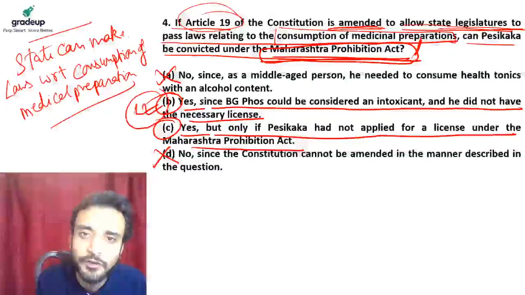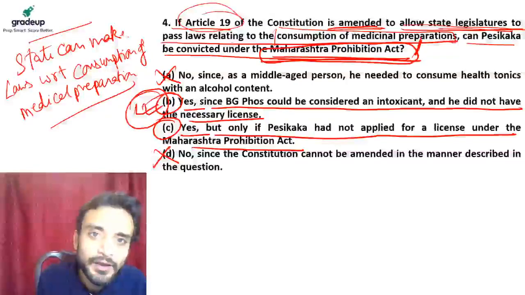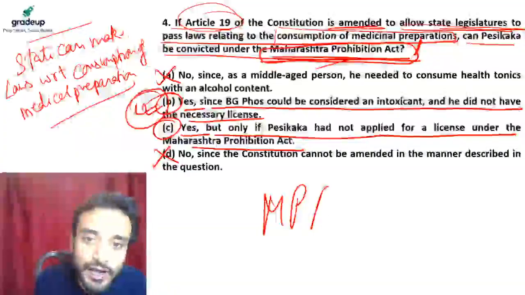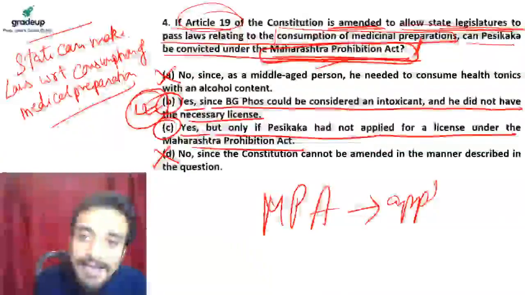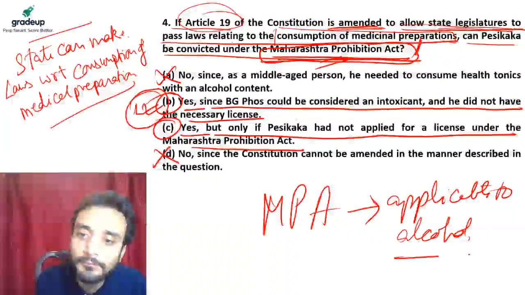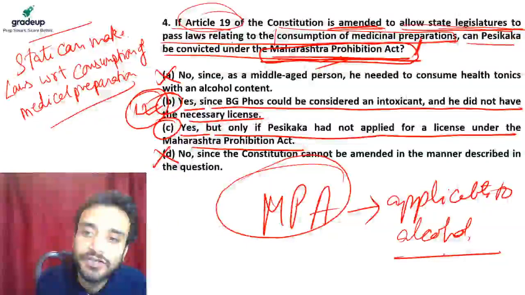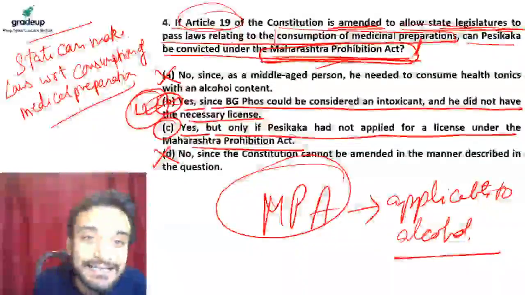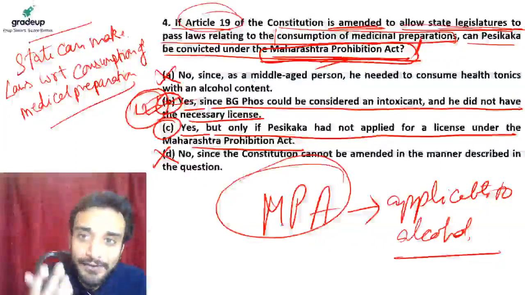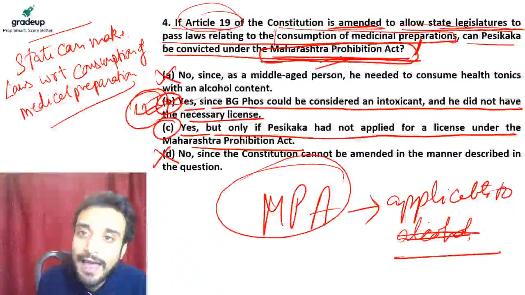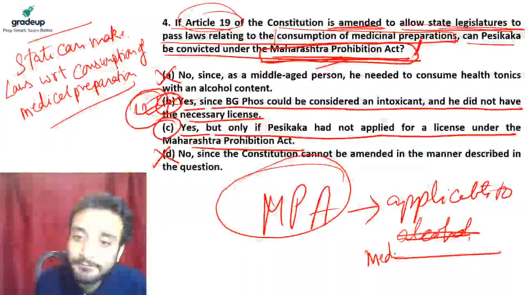So the correct answer is option B, because if the Maharashtra Prohibition Act is applicable to alcohol, since Pisi Kaka did not have the necessary license to drink or to possess or to consume that preparation, then it is applicable to medical preparation.